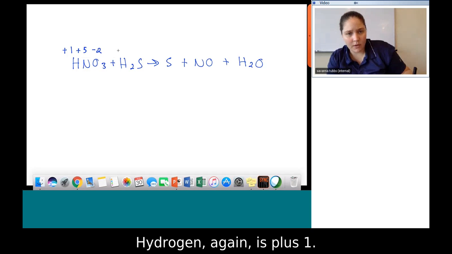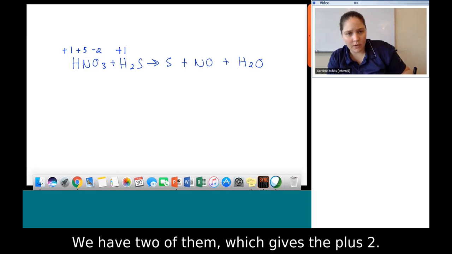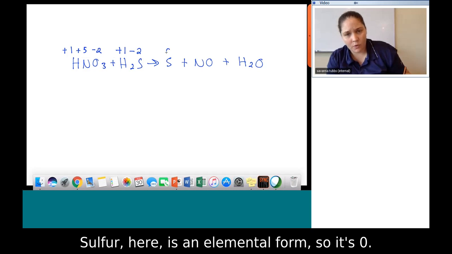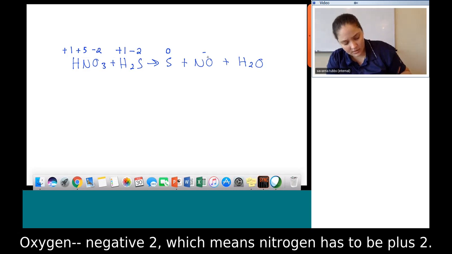Over here, hydrogen again is +1. We have 2 of them, which gives us +2, so sulfur has to be -2. Sulfur here is in elemental form, so it's 0. Oxygen is -2, which means nitrogen has to be +2.